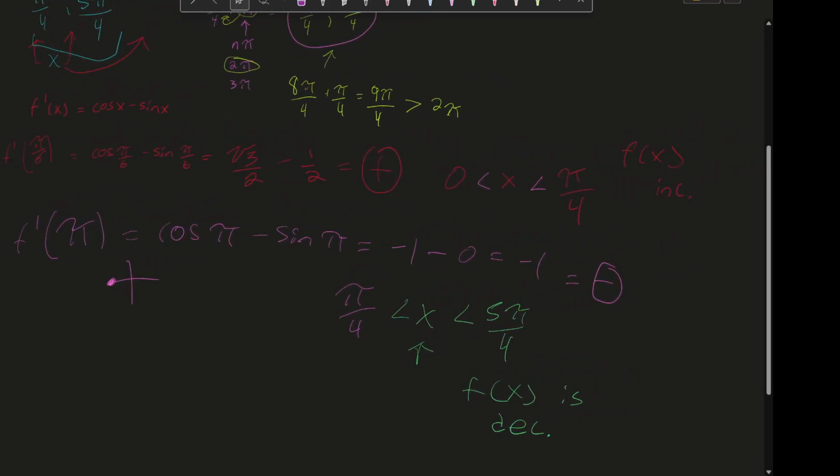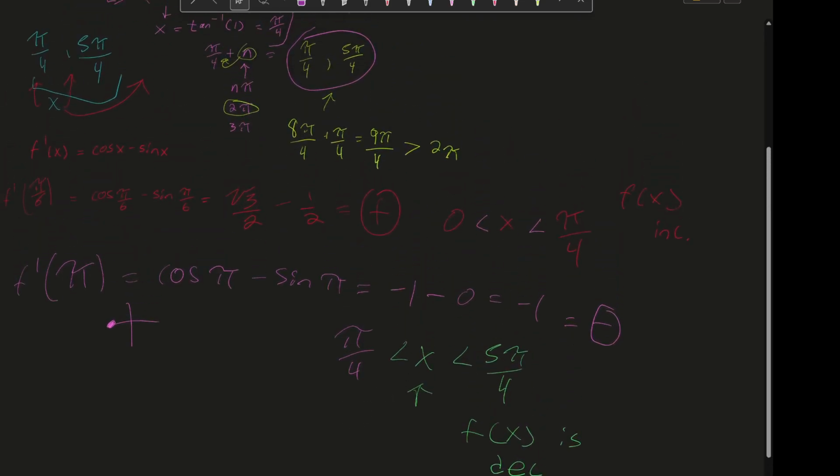And then lastly, you're going to want to check values greater than 5 pi over 4 but smaller than 2 pi.